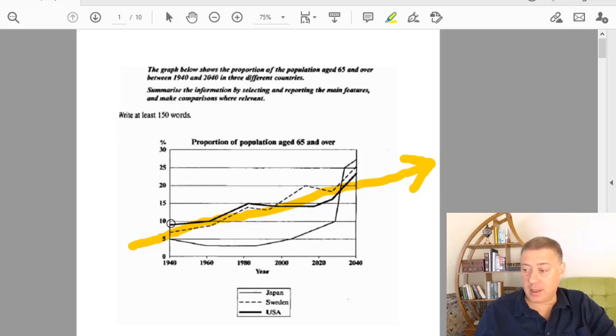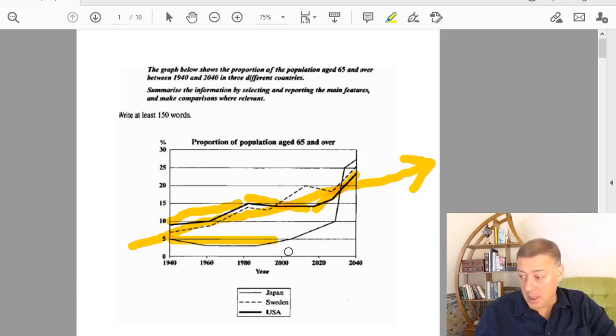So if you look at this top line, the USA, maybe talking about this point here, that's one. Then this plateau, that's another. Then this increase, that's a third thing to talk about. If we look at Japan, this period of decline slightly, that's one thing.